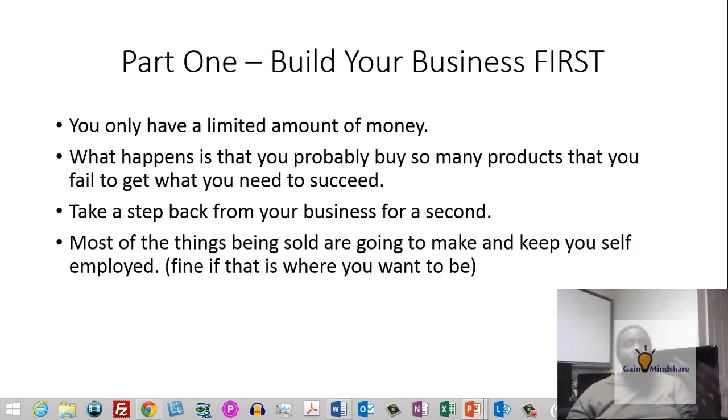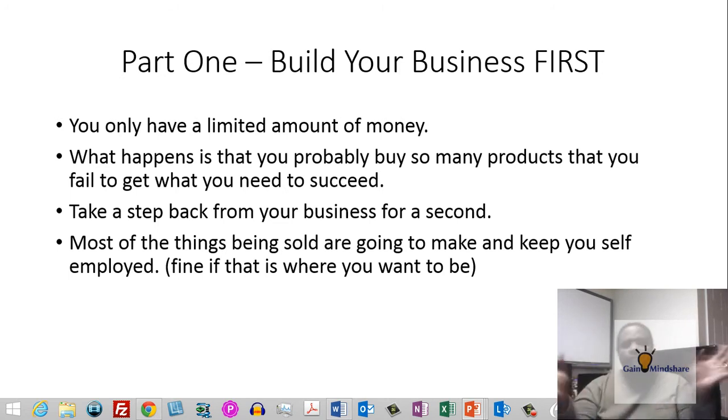Now, most of the information products that are being sold, and here's something that you want to think about. We want to talk about this in a separate video, but you have to understand that when you buy an information product or a piece of software, most of the time you are buying something that's going to keep you in the self-employed quadrant.